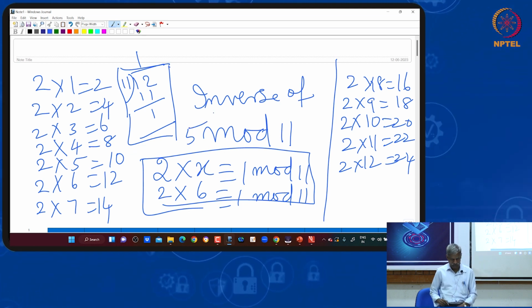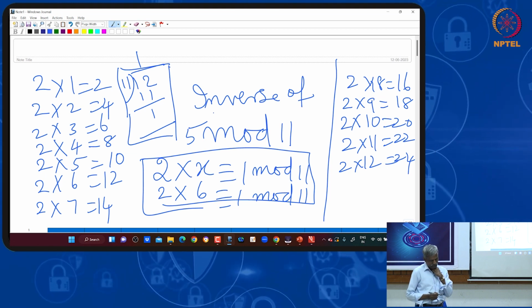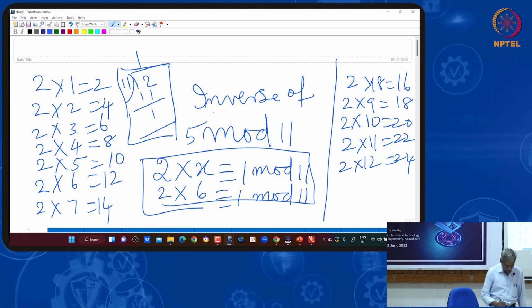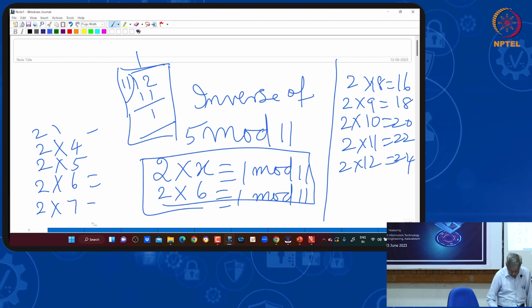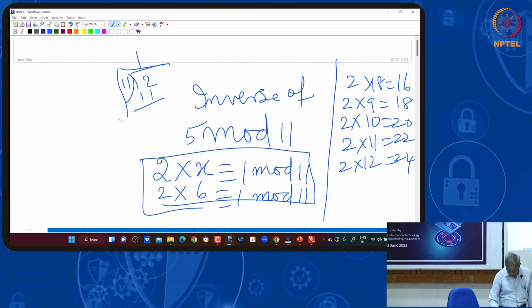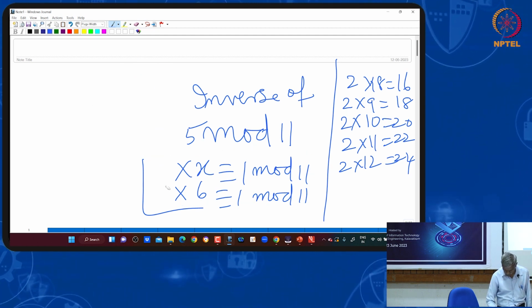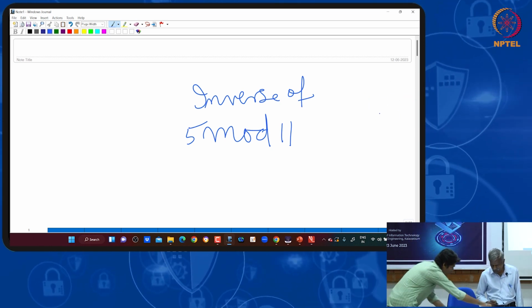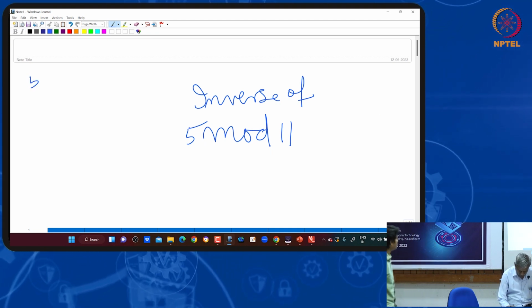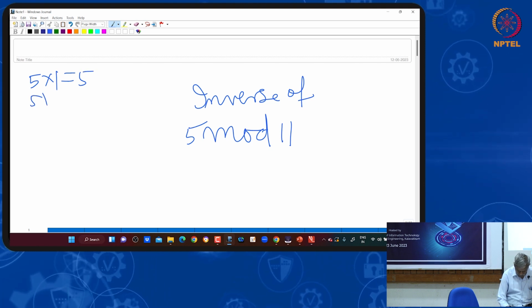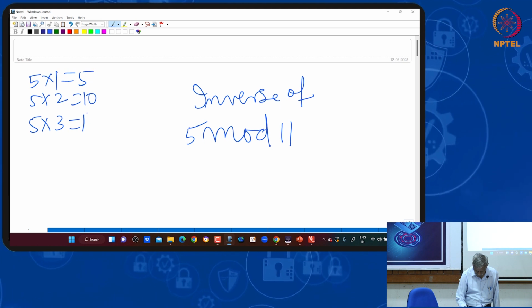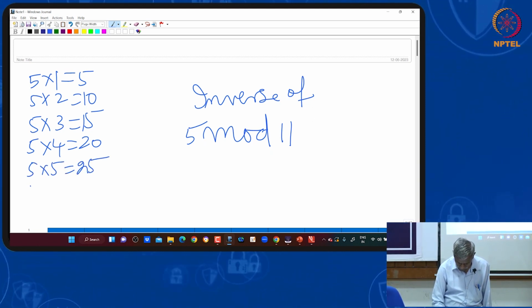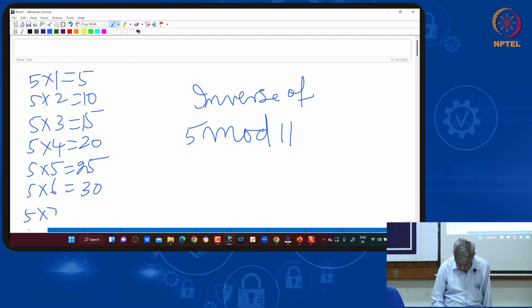Can you find the inverse of 5 mod 11? You have to write the table. 5 ones are 5, 5 twos are 10, 5 threes are 15, 5 fours are 20, 5 fives are 25, 5 sixes are 30, 5 sevens are 35.